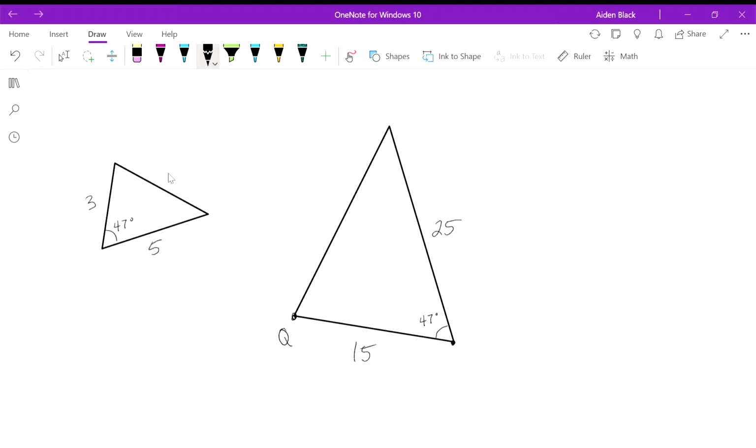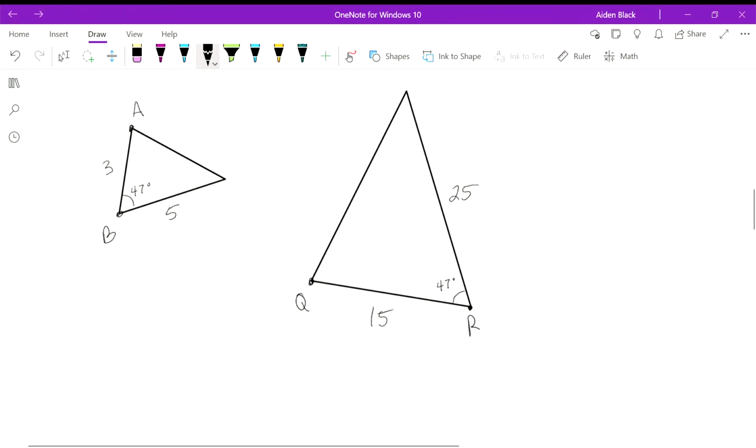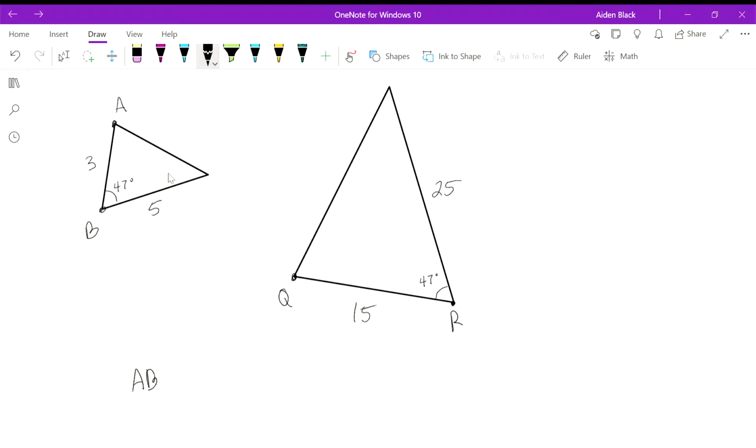Let's make this Q and R. Let's make this A and B. So we know that, let's do QR over AB. So we're comparing the length of QR, which is 15. And we know that AB is 3, which is equal to 5.